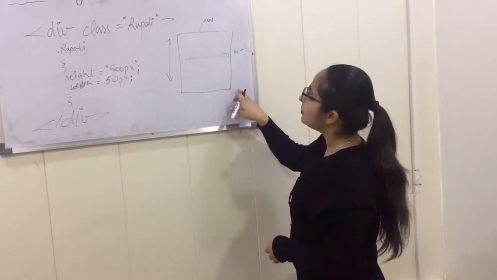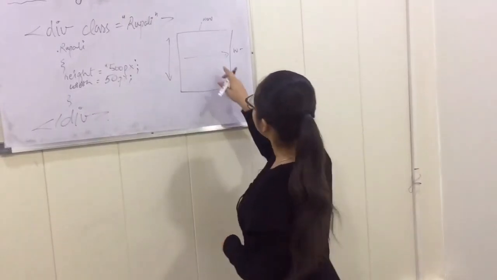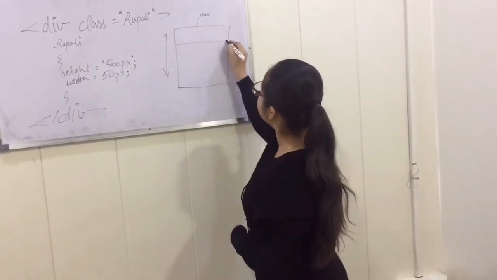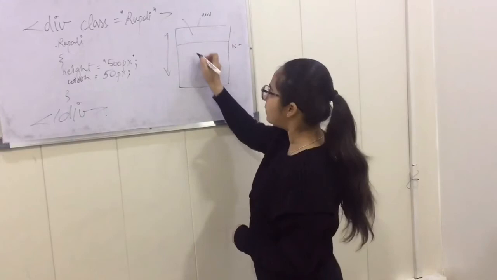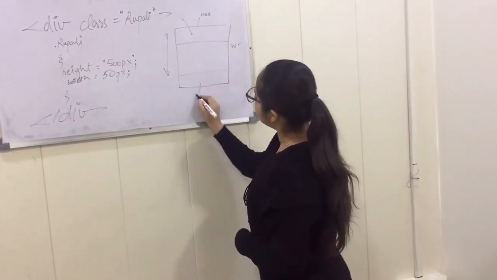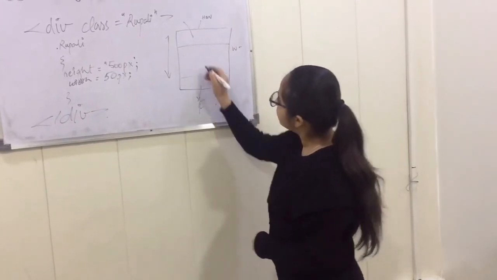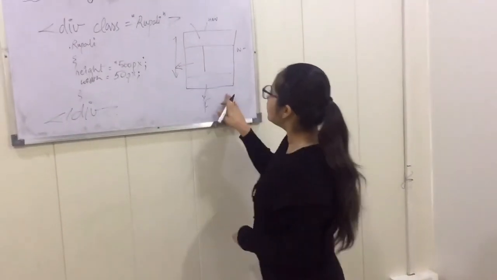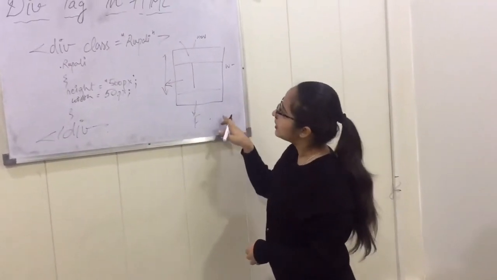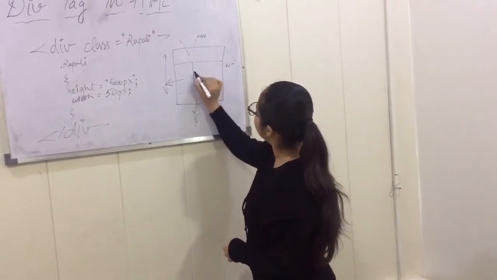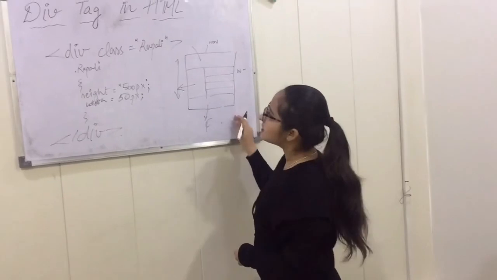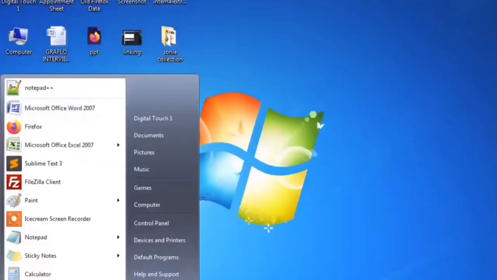We can not only make this big div, but we can also divide this div into many parts, such as the header, then the last part will be the footer, and this can be the sidebar. In this way you can arrange your div in many styles. Suppose I have to take 3 divs here also. So the divs can be divided into many parts.